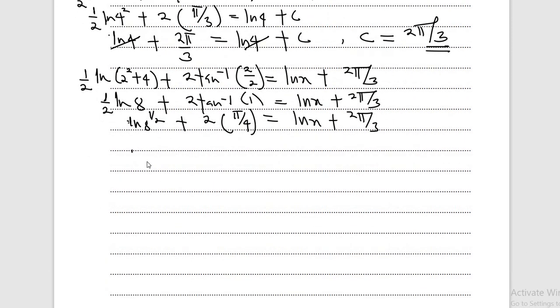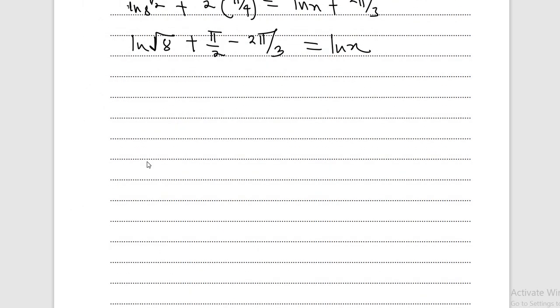So this is ln 8 raised to the power half, that's ln root 8, plus 2 pi over 4, gives pi over 2, minus 2 pi over 3 equal to ln x.